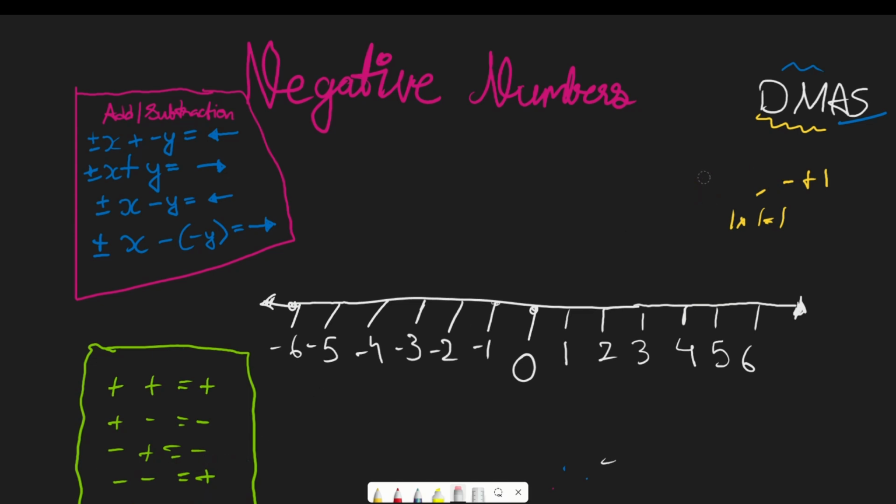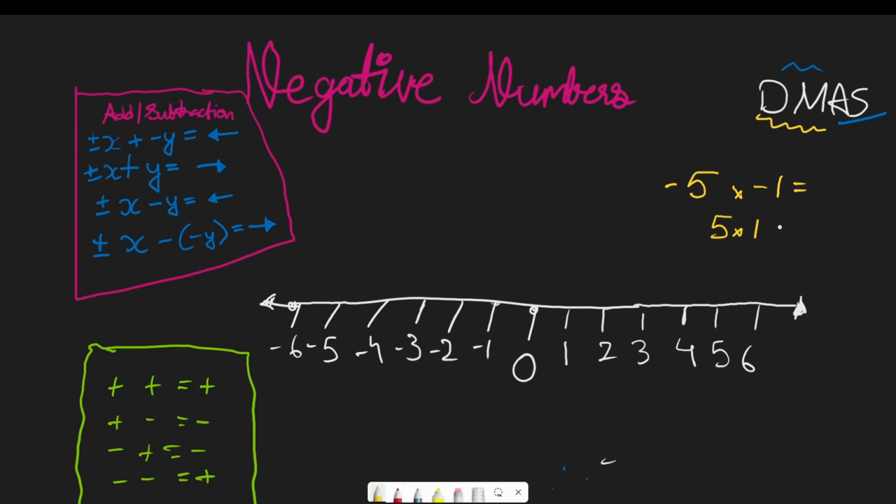Let's look at another example to help you understand better. Minus 5 times of minus 1. So we ignore the signs. We write 5 into 1. We move 5 steps forward once. So our answer is 5, of course.